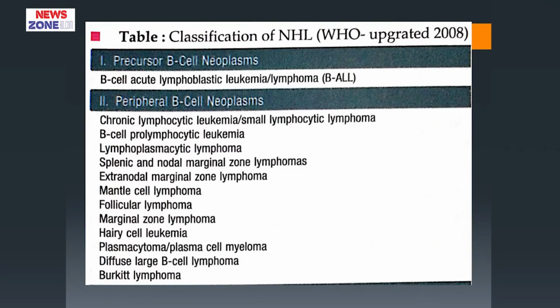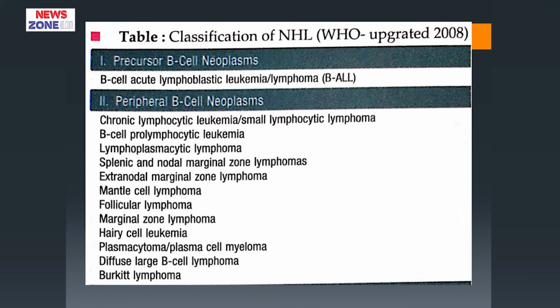Next, classification of non-Hodgkin's lymphoma by WHO, updated in 2008. In the updated classification, the precursor B cell neoplasm means B cell acute lymphoblastic leukemia or lymphoma, and the peripheral B cell neoplasms are chronic lymphocytic leukemia or small lymphocytic lymphoma.